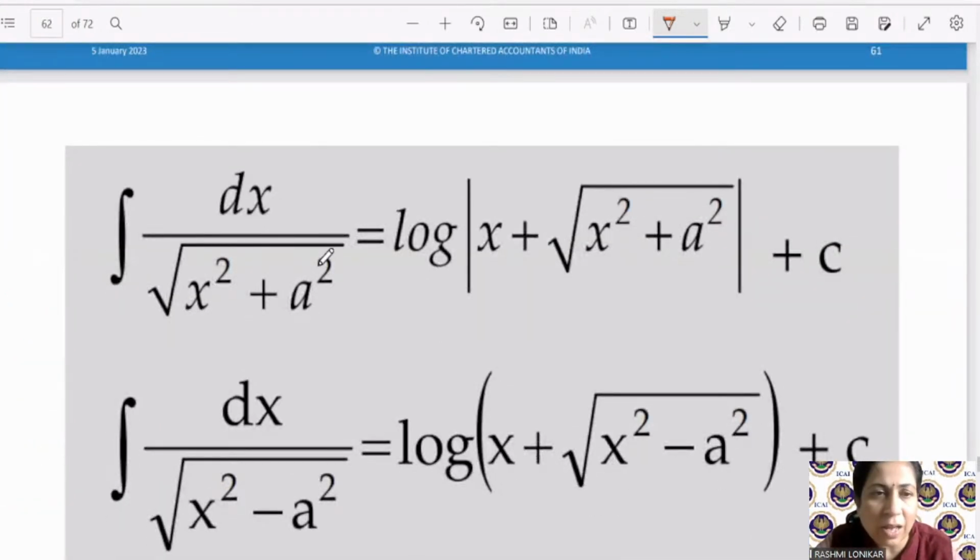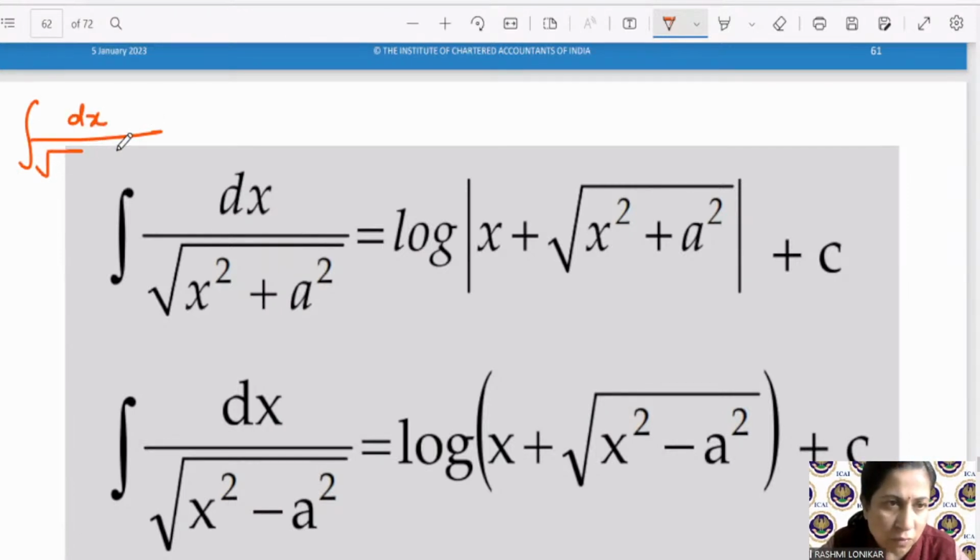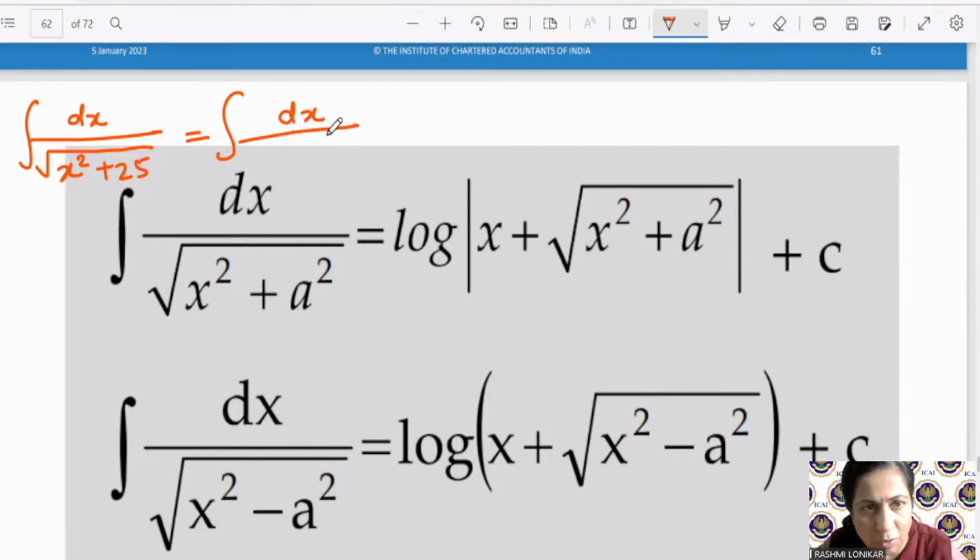Then you may even have dx upon under root of x square plus a square. Suppose you have a question, dx upon square root of x square plus 25. This should be written as integral of dx upon square root of x square plus, instead of 25, what should I write? 5 square, right?